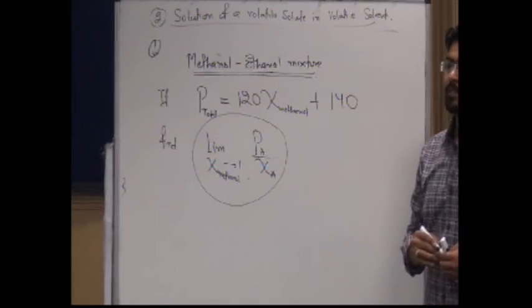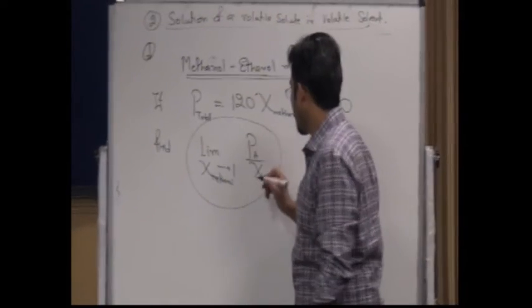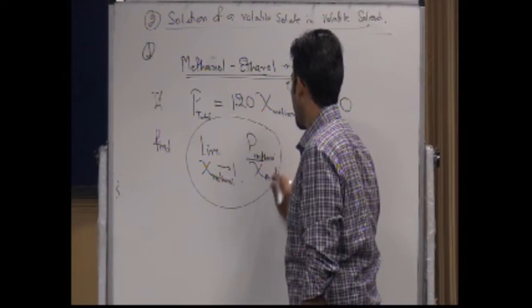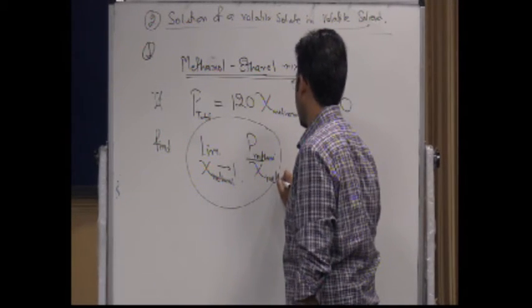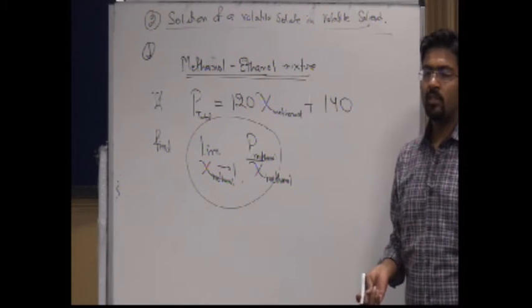So there is an expression which is PA upon xA, right? Or maybe this A is actually methanol and this is also methanol. So this is the expression you have to find out.